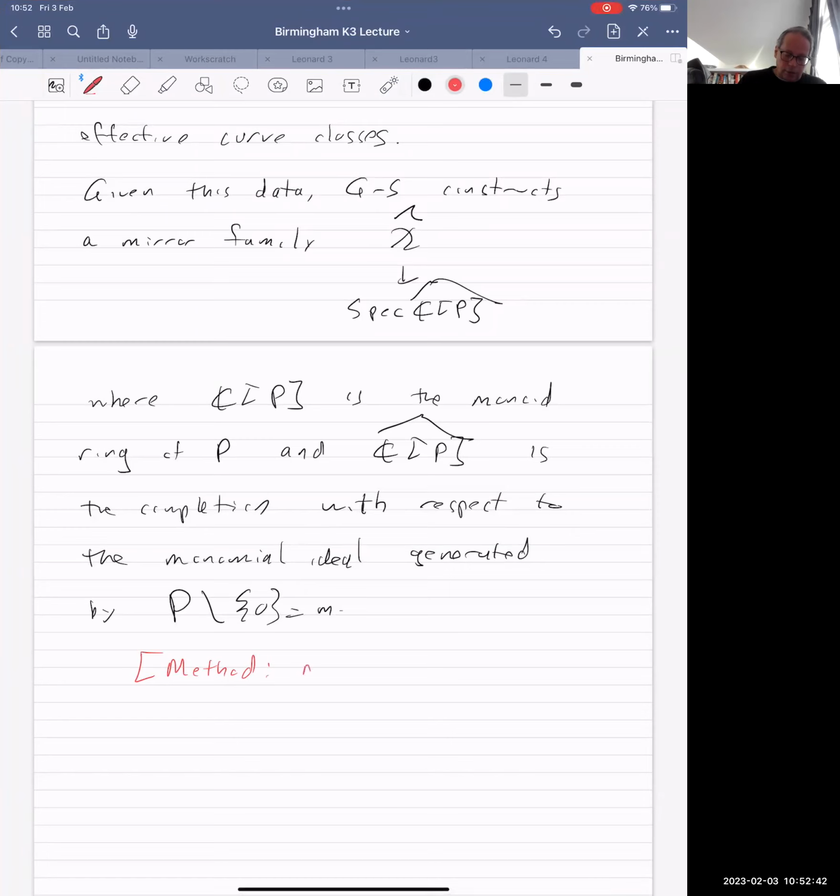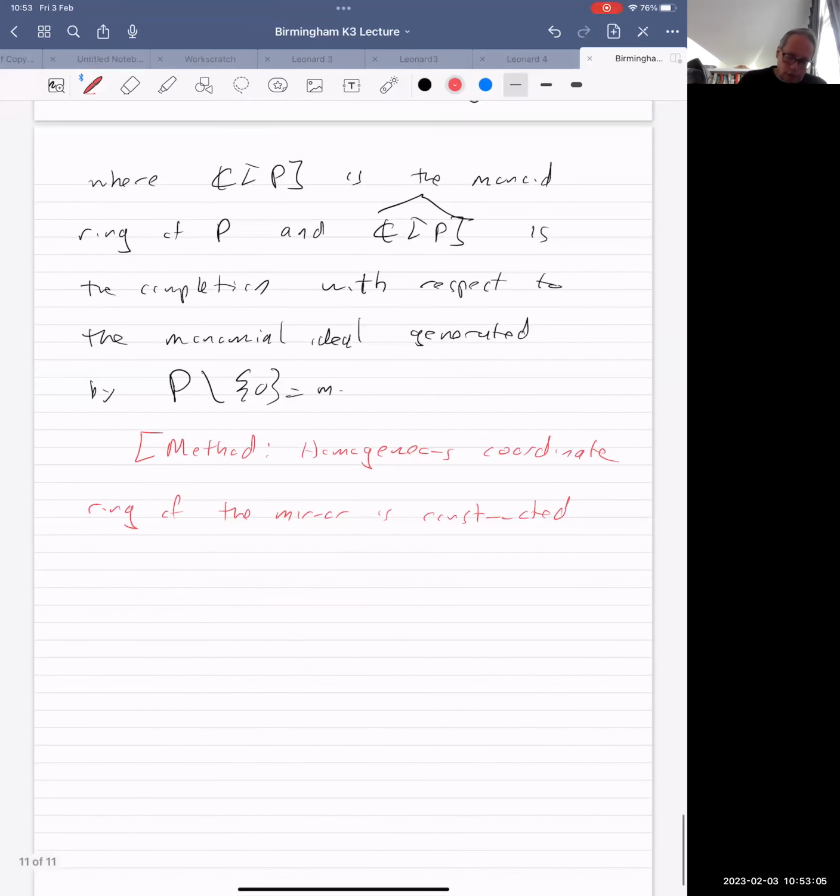The mirror is constructed, the homogeneous coordinate ring of the mirror, using a type of Gromov-Witten theory called punctured Gromov-Witten theory, which was developed by Abramovich, Chen, myself, and Siebert.